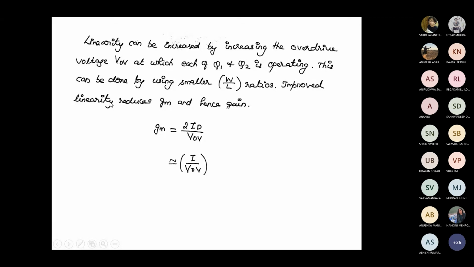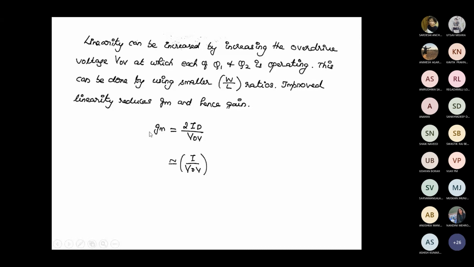But improved linearity reduces the gm. Since we know the relation gm equal to 2 ID by the overdrive voltage, if you increase VOV, it is inversely proportional to gm. So gm reduces, and hence the gain reduces, because gm is proportional to the gain.